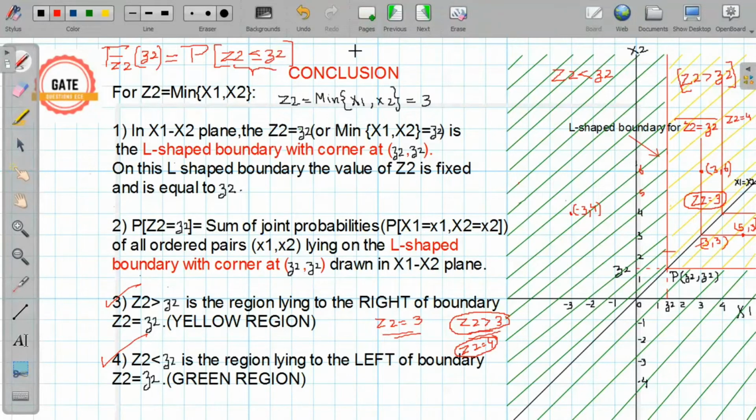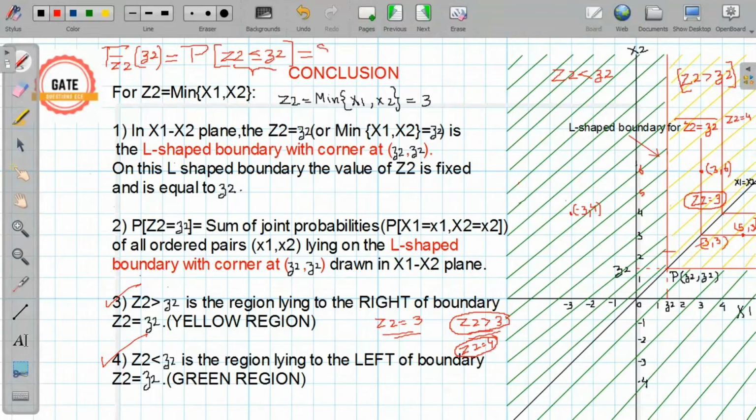So this CDF of Z2 is nothing but the sum of all the joint probabilities that lie in this green region as well as on this red boundary of capital Z2 is equal to small z2.